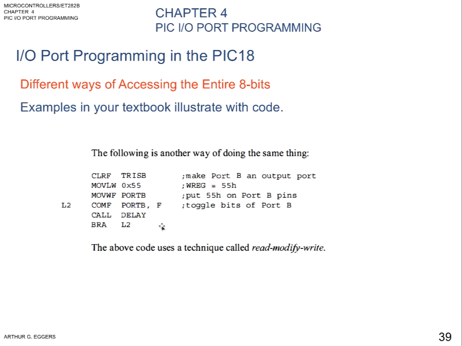The following now is another way of doing the same thing. In this case, again, we do our clear register. We're going to clear the tri-state to make port B an output port.